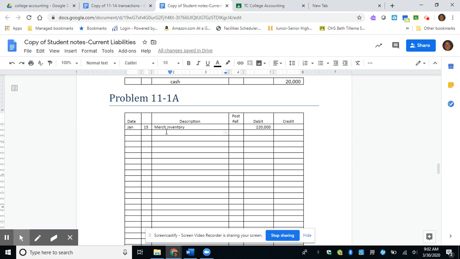And my credit, since I owe money, is accounts payable. Now, in addition to just journalizing this, I am also going to be pretty specific who I owe money to, because in this problem, I'm going to have multiple people who I owe money to. So this is to the Hood Company.